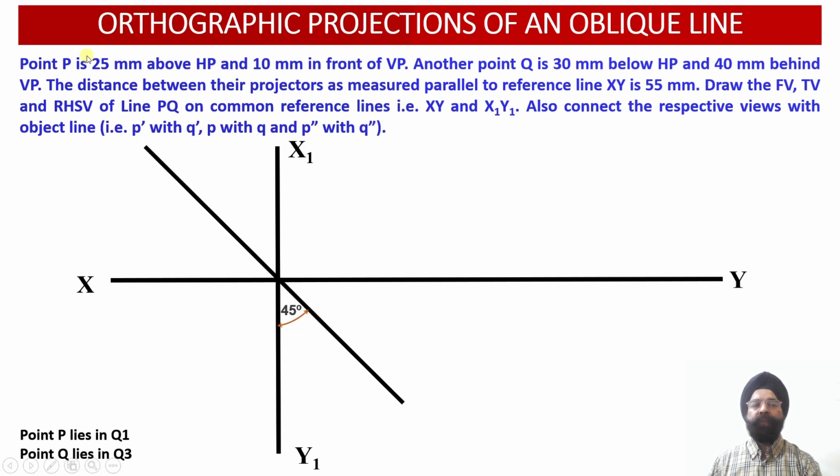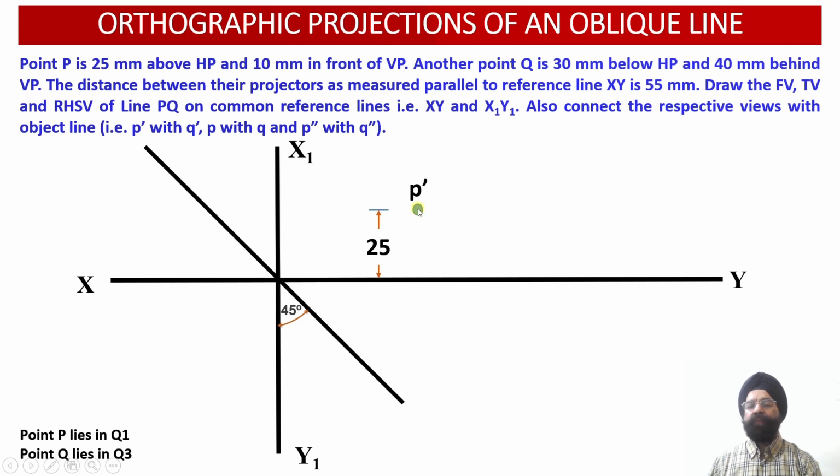So let us proceed with the construction of front view projections corresponding to the point P, which lies 25 millimeter above the horizontal plane and 10 millimeter in front of the vertical plane. Since this point P lies in quadrant 1, the front view projection, that is P dash, will be located 25 millimeter above the XY reference line.